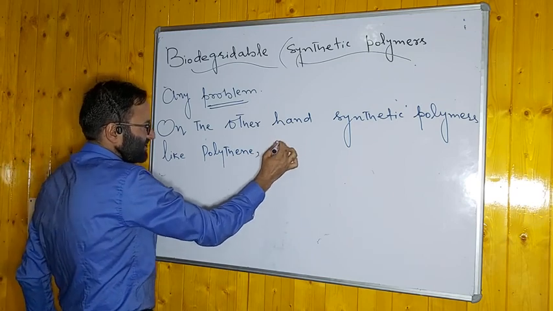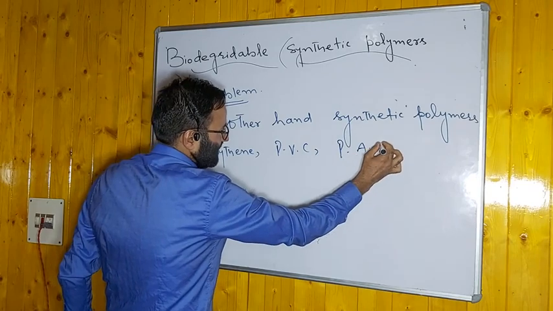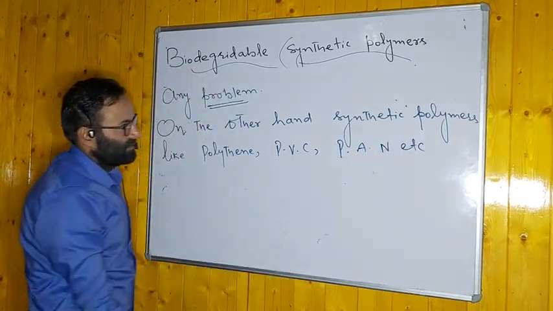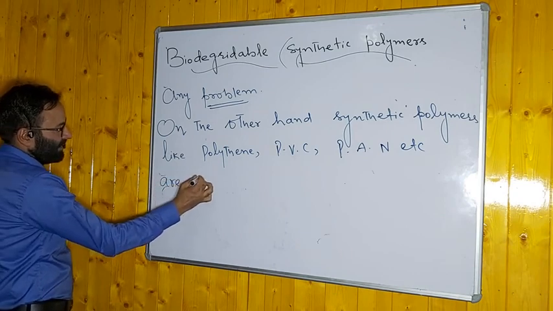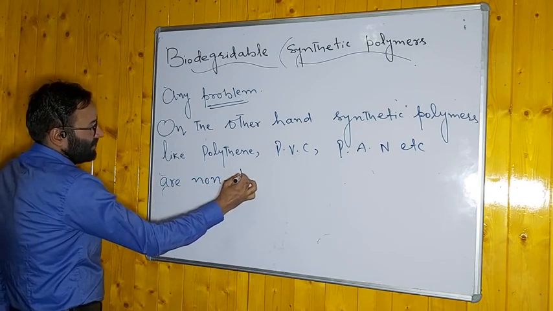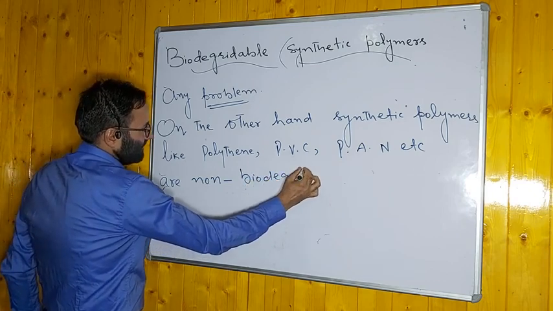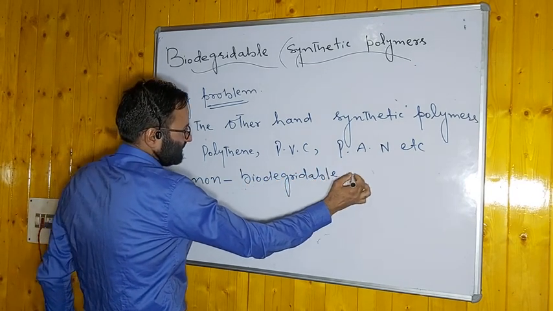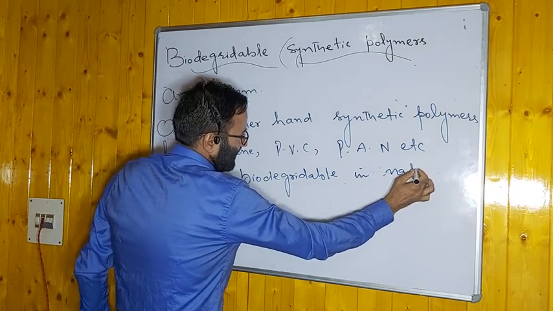You have PVC, polyvinyl chloride, and polyacrylonitrile, etc. These synthetic polymers are non-biodegradable in nature.